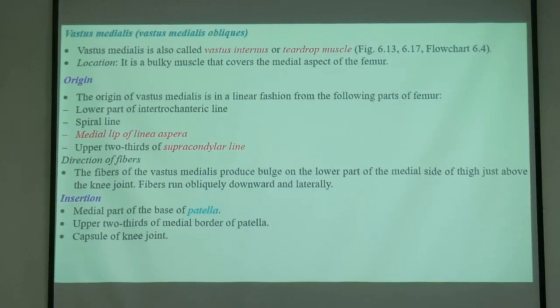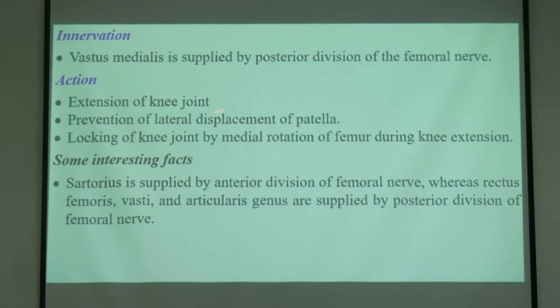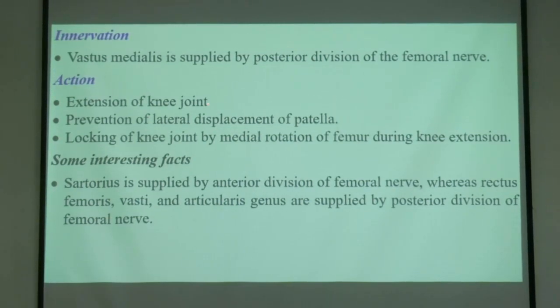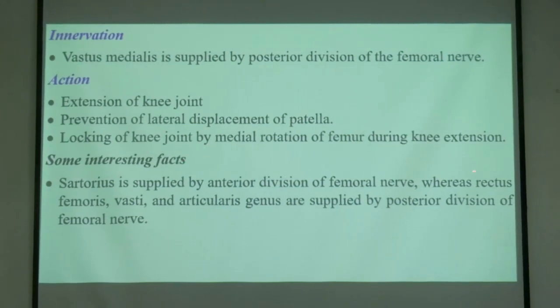This is the insertion. By posterior division of femoral nerve, action, it helps in extension of the knee joint, prevention of lateral displacement of the patella, locking of the knee joint by medial rotation of femur during knee extension.